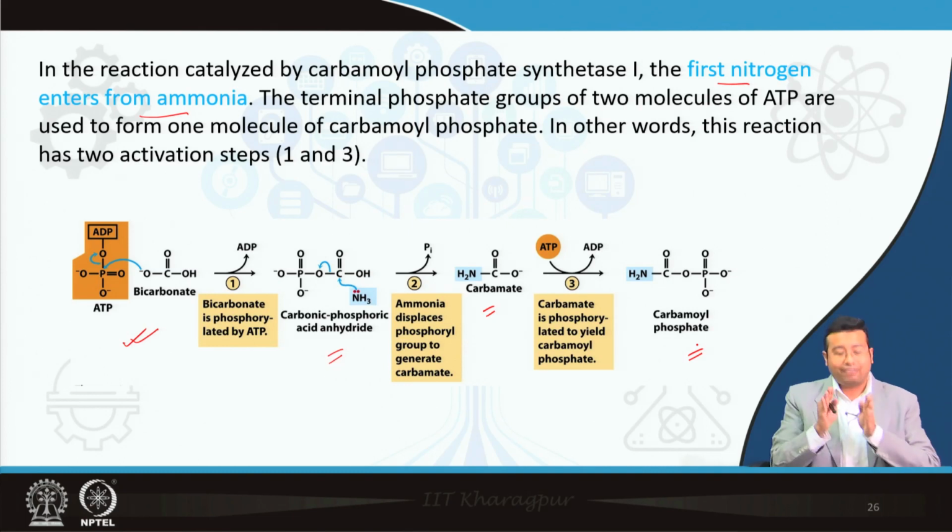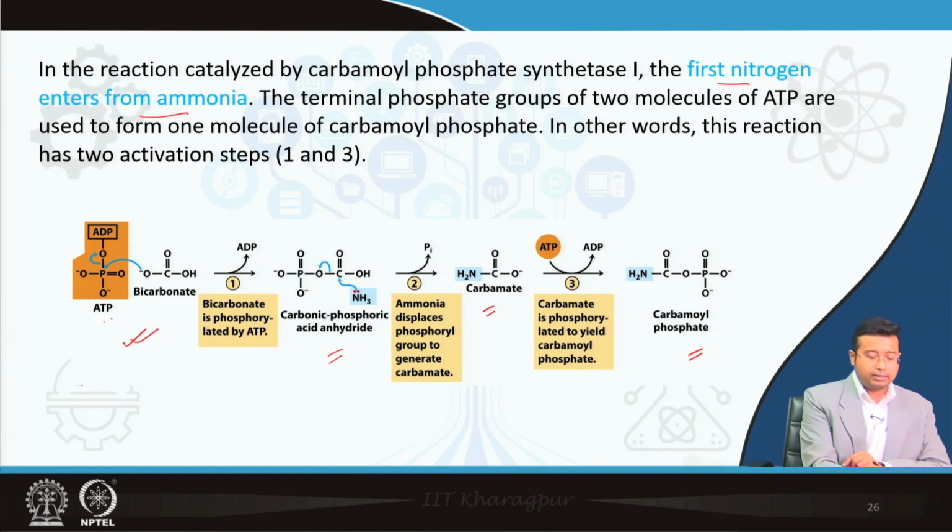So, if you look very carefully, there are two steps where ATP is used. So, often it is said that this reaction has two activation steps between the intermediates, alright.